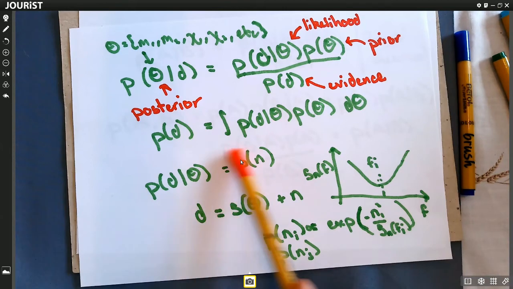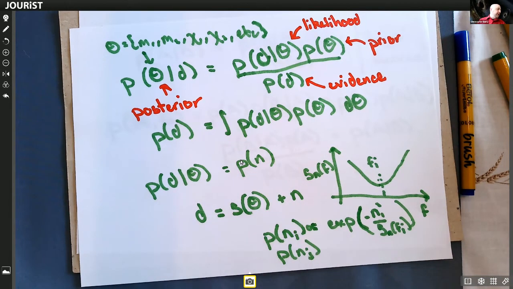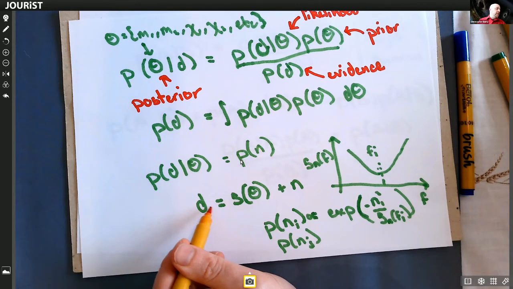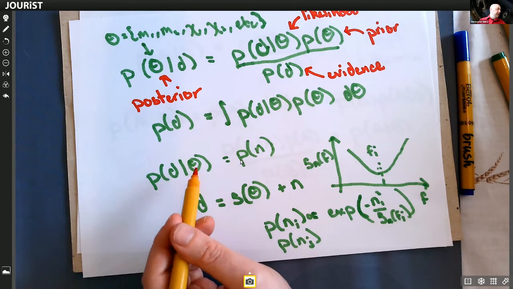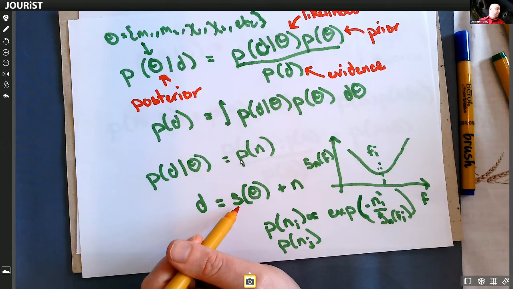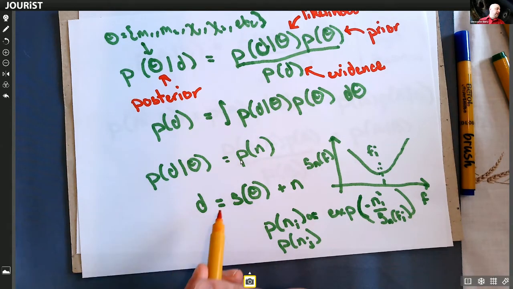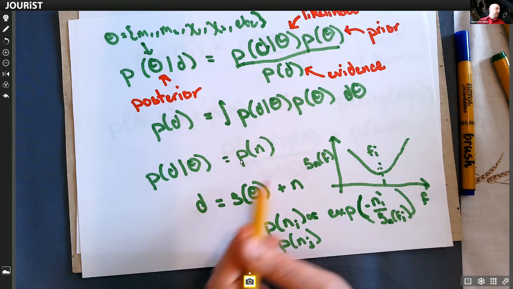Yeah, so you're confused about this statement here. Right, yeah. Okay, so this is just saying what we are assuming is our data is made up of a signal and a particular noise realization. Okay. So given the value of theta, we know what the signal is, right? So we know what this part is. So the probability of getting this particular realization of the data is just the probability of getting the right realization of the noise.